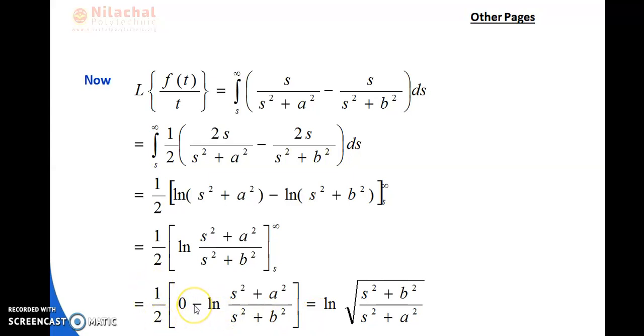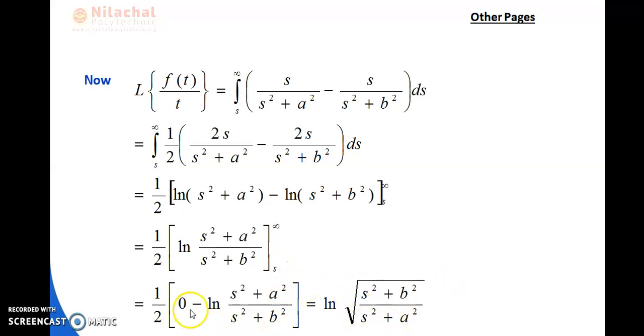Okay, so if minus is there, with the logarithm, anything before the logarithm can go to the power of this term. And 1 by 2 means root. If 1 by 2 goes to the power of (s square plus a square) by (s square plus b square), its power is 1 by 2, means whole root.